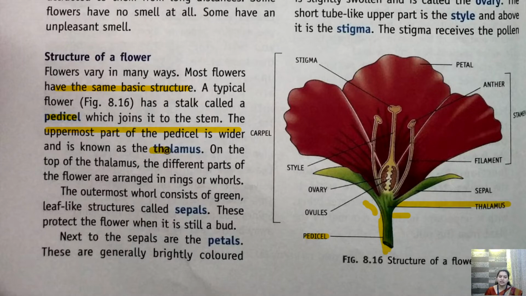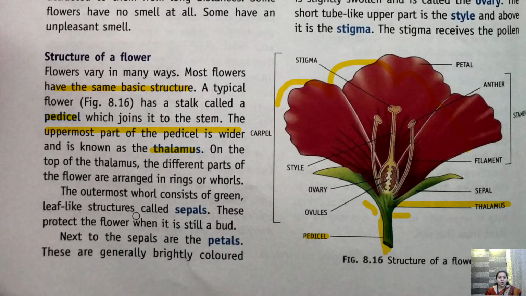This is called thalamus. On the top of the thalamus, different parts of the flower are arranged in rings or whorls. ठीक है? ये बहुत सारे petals हो गए, इसके बहुत सारे ये petals हैं, ठीक है?